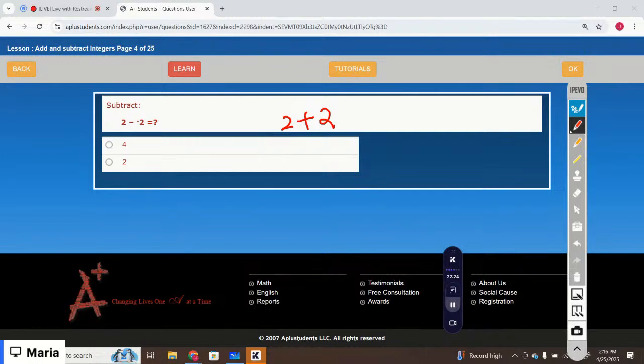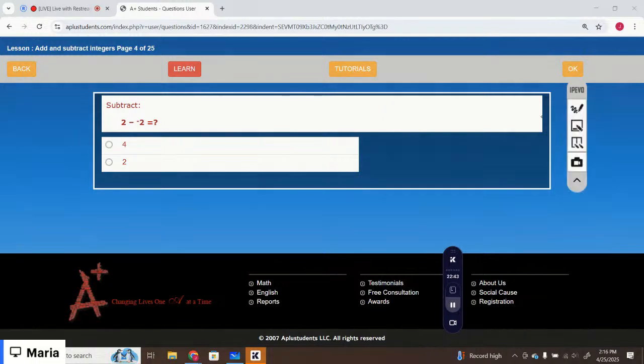So you have to do 2 plus 2, and 2 plus 2 is 4. Option number 1 is the correct option.